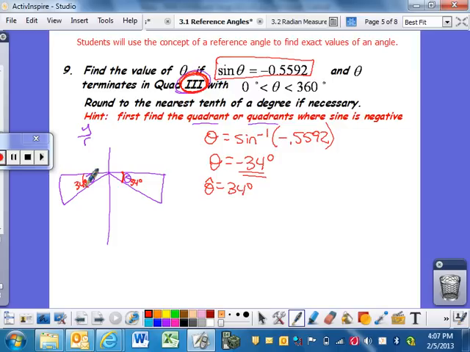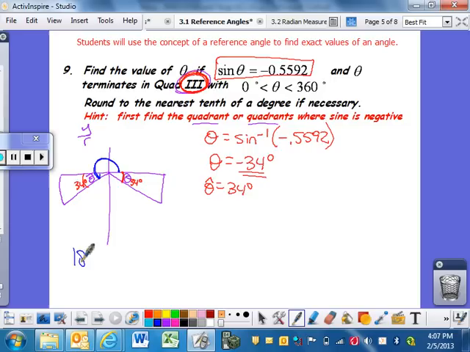And now what is the question actually asking us to do? I want to find the actual angle from the starting spot on your triangle. So from the positive x-axis, I'd say 90, 180, and how much more? That's where your reference angle comes into play.